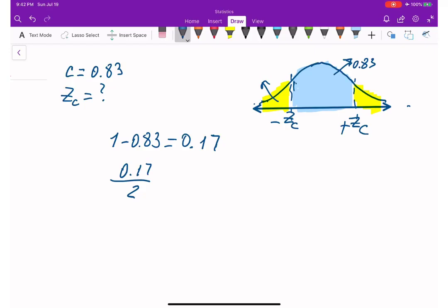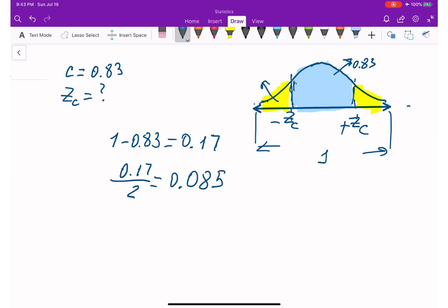If the entire area is 1 and I subtract 0.83, I get these two yellow areas. To get one, I have to divide by 2 because these two yellow areas are symmetric. So I'm going to get 0.085.